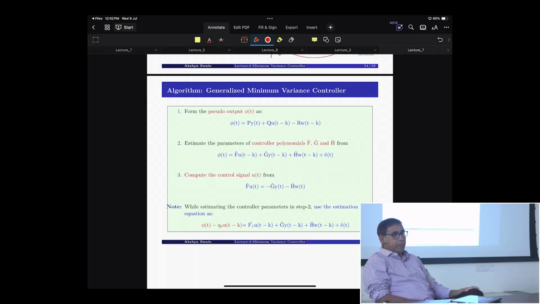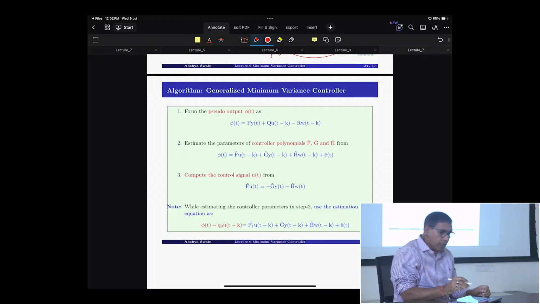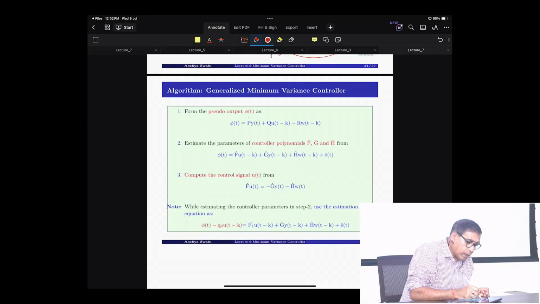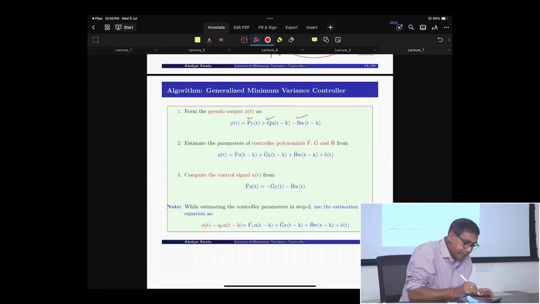How does it become adaptive? As the data comes online, you estimate it and use the estimated values. Step number 1 is you get the output. You know what P, Q and R are, which you give.